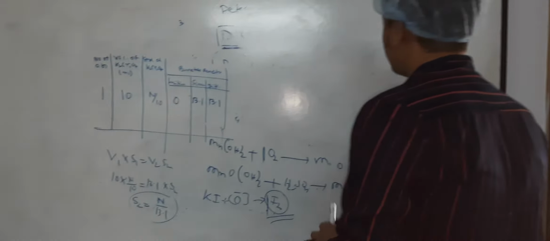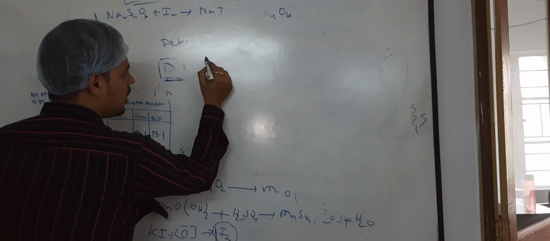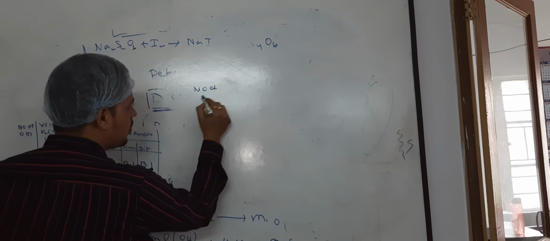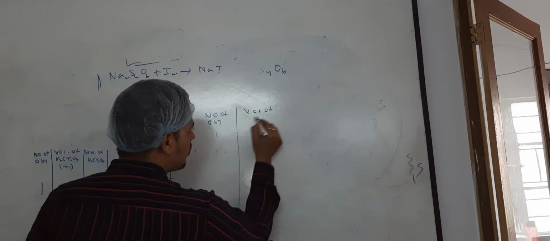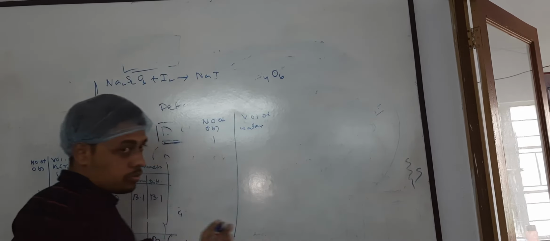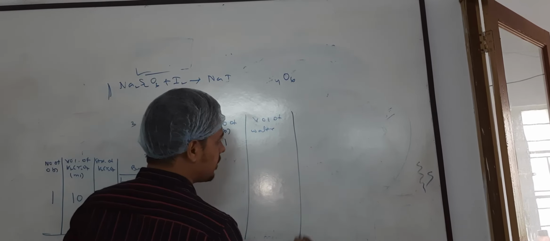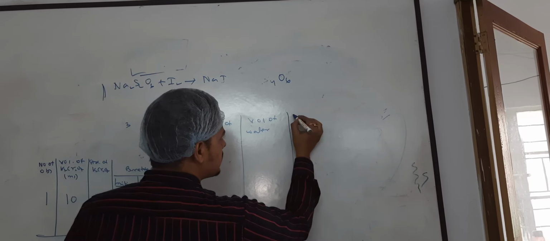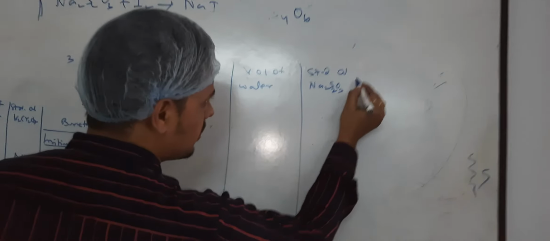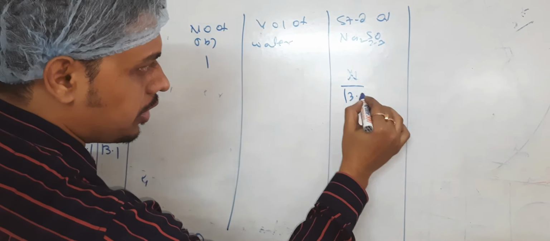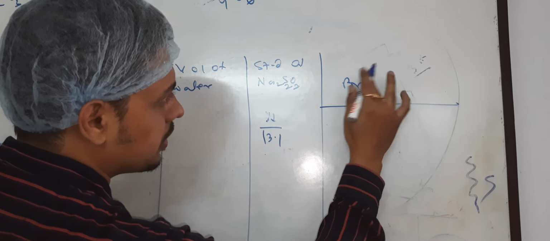So our second table will be like this. Number of observations. We have taken only one observation. Volume of water, we will measure how much water we have taken, and here it is strength of sodium thiosulfate that was measured in the previous table, that is N by 13.1, and here it is burette reading.